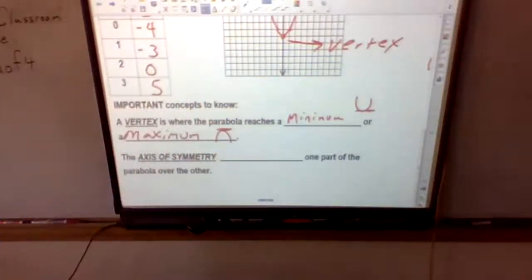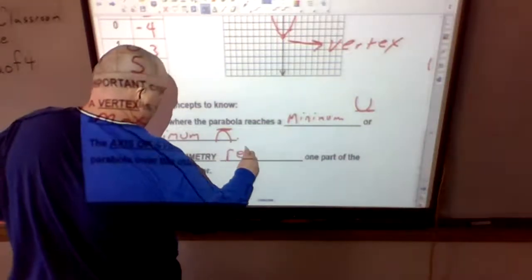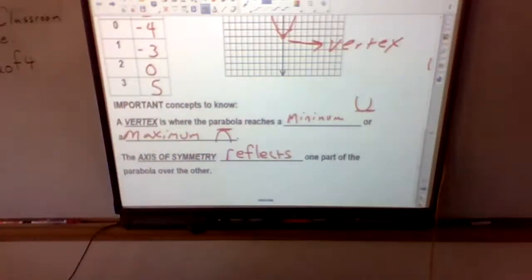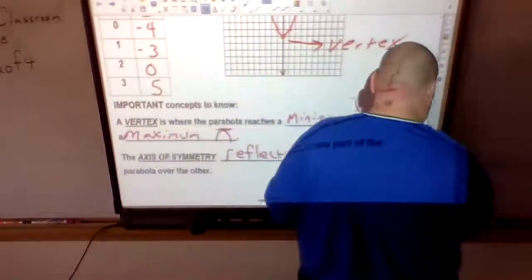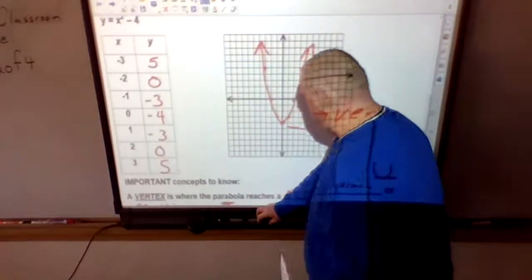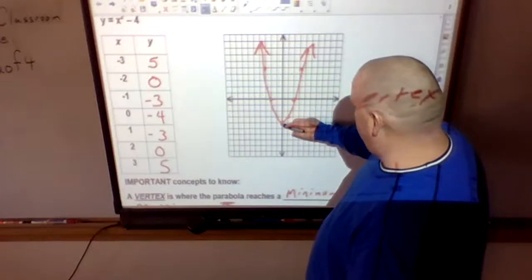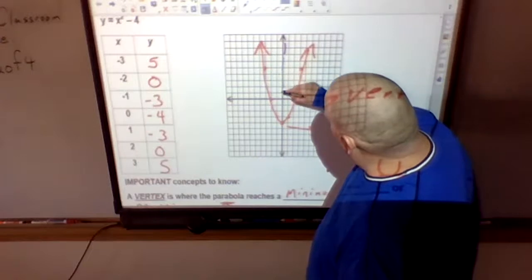Then we have the axis of symmetry. It reflects one part of the parabola over the other. In other words, for the axis of symmetry, I'm going to do this in a different color so maybe you'll see it. In this case, since the vertex is on the y-axis, that's where your axis of symmetry is going to go.